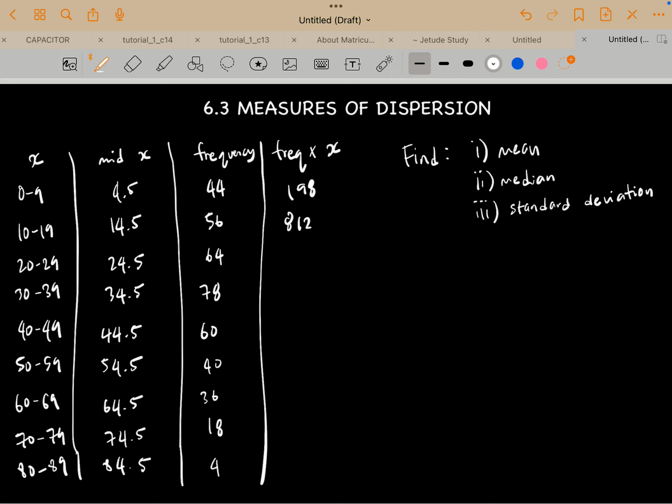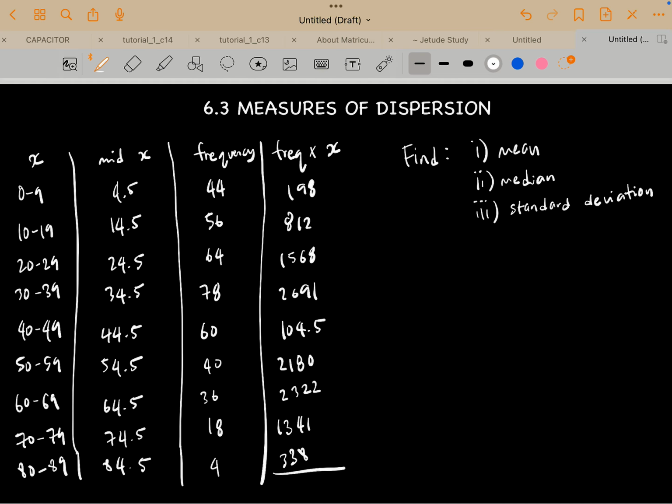And then 64 times 24.5. So what is the sum of all this?